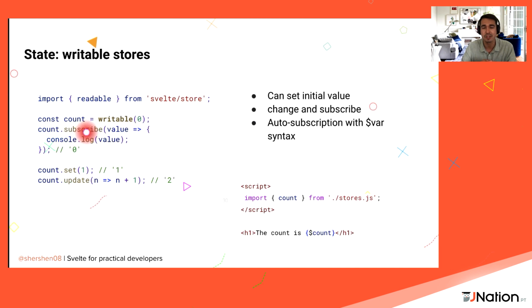And the writable stores, as I said, are a full-blown solution where it can remind you of something like a set state hook, where you initialize it with a default value, and then in other components you can subscribe to changes in this store, or you can change it manually. Again, you can either change it without looking at the previous value, or you can pass it a callback and change it based on the previous value.